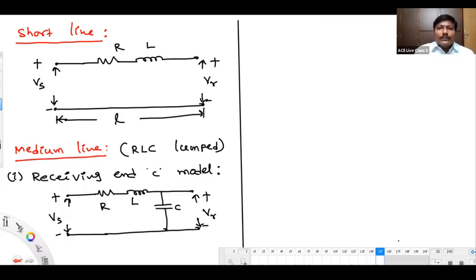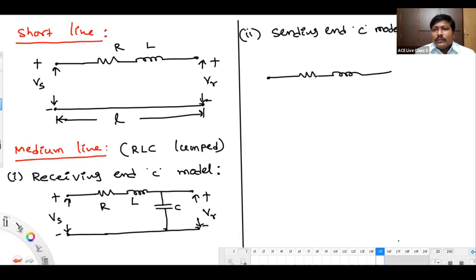Next one, the second one: the sending end capacitor model. Total RL we will keep like this, and the total capacitance we are going to keep at the sending end side.